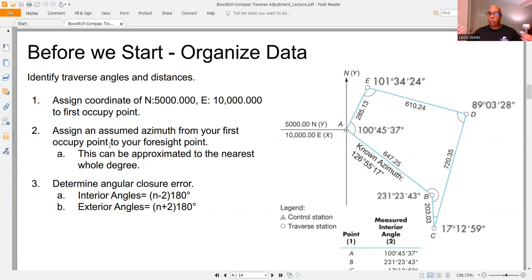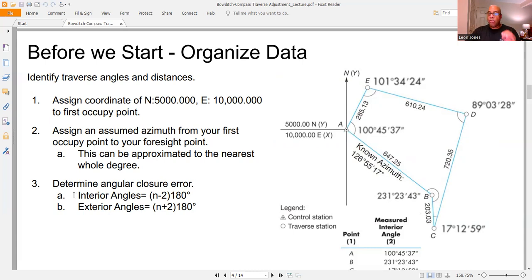Now, when we deal with surveying, we set up on a point, and when we look to the point in front of us, that's the foresight. When we turn an angle, which is generally 180 degrees, that's the backsight. Now, this can be approximated to the nearest degree.